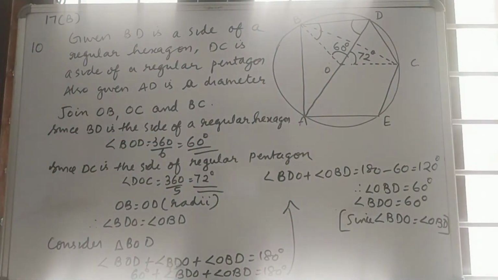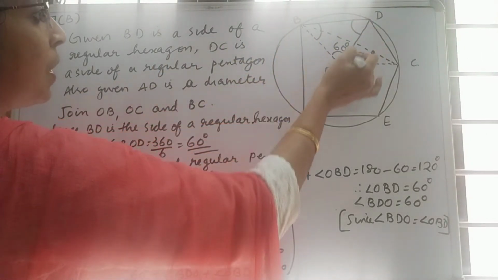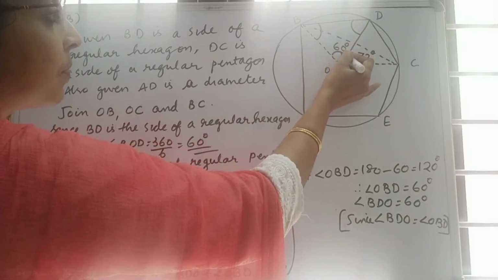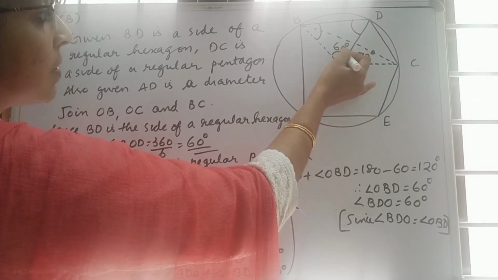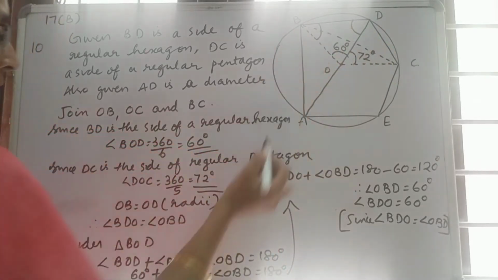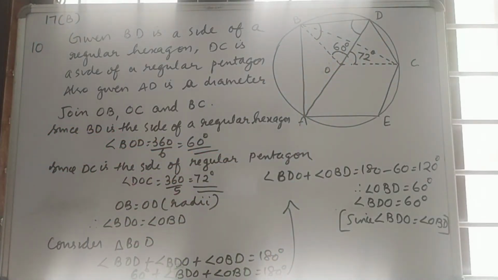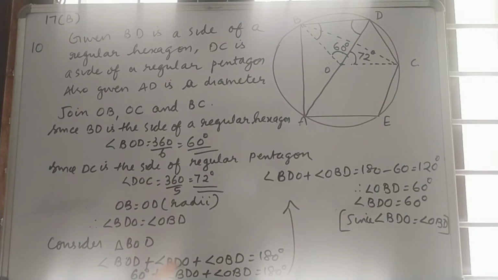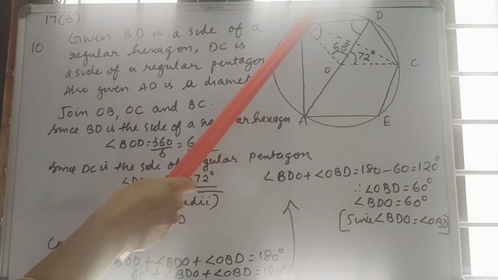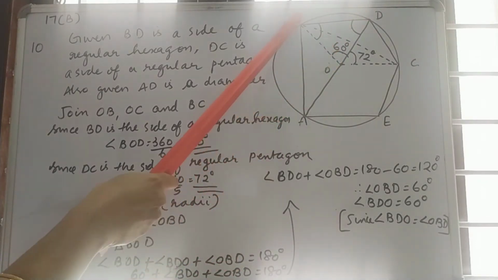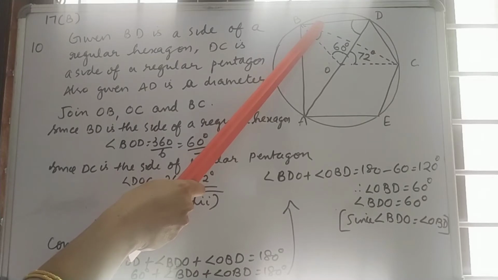We know the sum of angles of a triangle is 180 degrees. Considering triangle BDO, angle BOD plus angle BDO plus angle OBD is equal to 180 degrees.